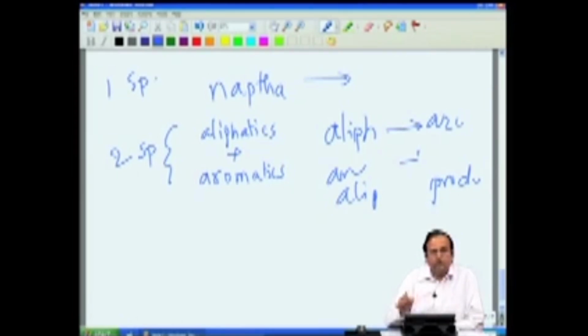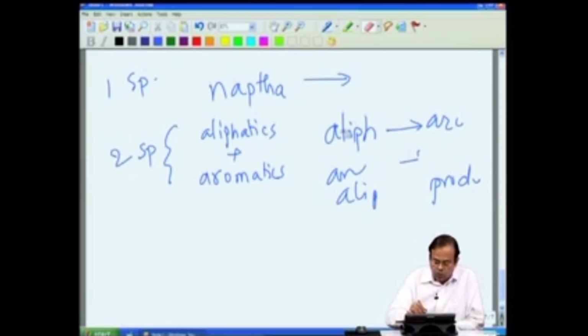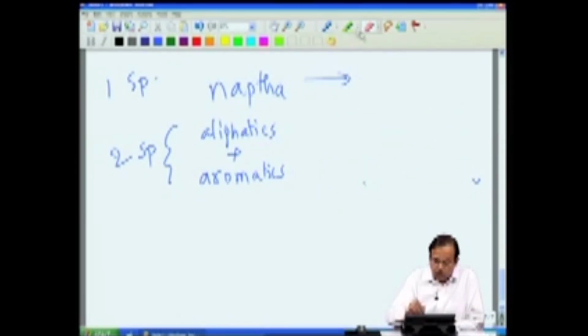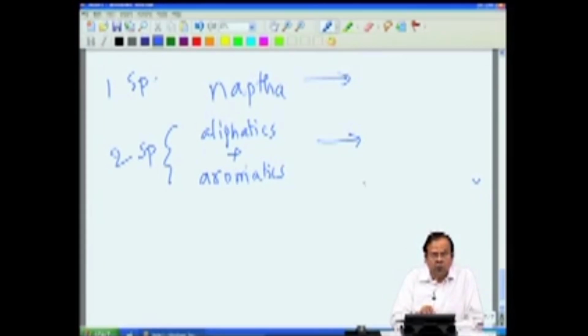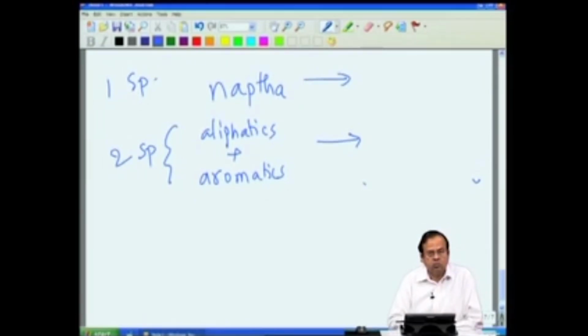Okay. So, some network of reactions. My intuition tells me that with this approximation, aliphatic plus aromatic, my results are certainly going to be better than assuming naphtha as a single species.